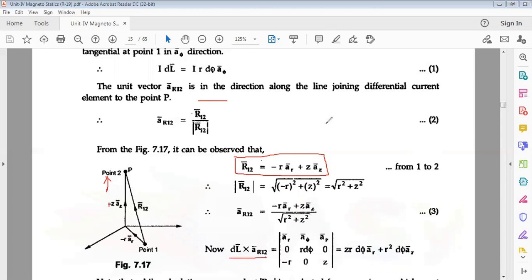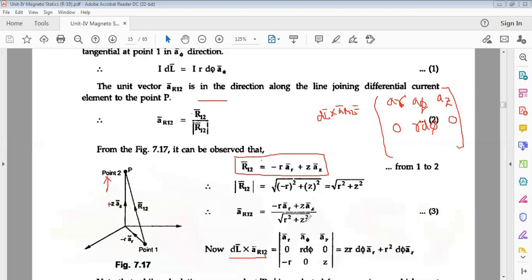We need to apply the cross product dl bar cross a_r12 bar. First of all, it is the cylindrical coordinate system a_r, a_phi, a_z. What is the dl bar coefficient? Here it is d phi, a_phi, so r d phi; I am not taking the I here, only the dl. There is no r term and no z term, only the phi term, that is r d phi. And what about the a_r12 bar?